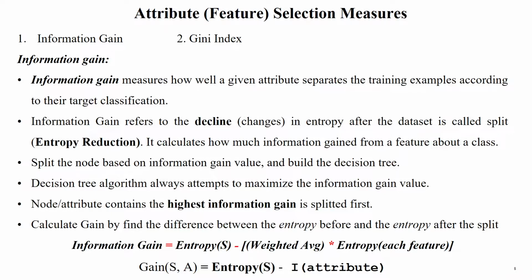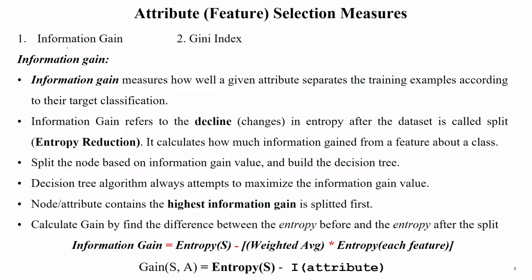Hi, this is part 2 in decision tree algorithm, which is explaining how to select the best attribute for taking the decision in selecting the values into particular class. So here we are having two different attribute selection measures.